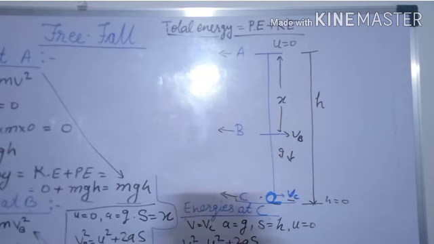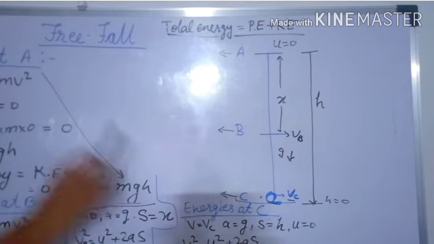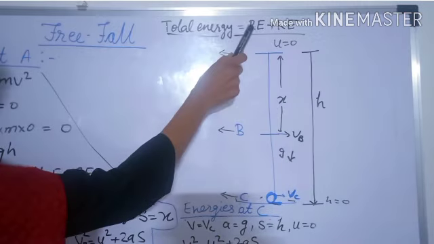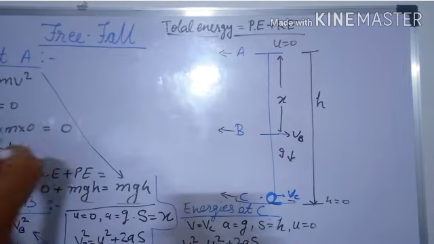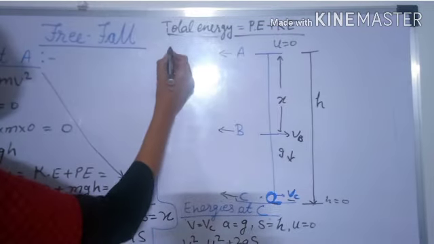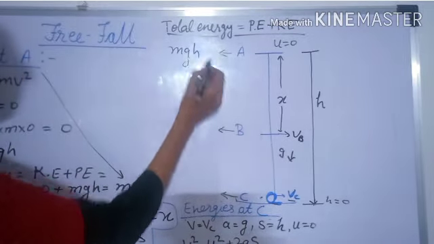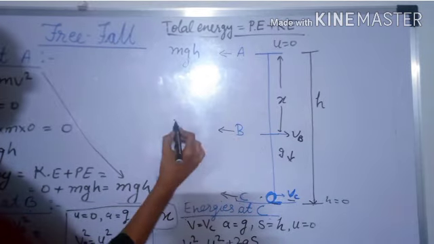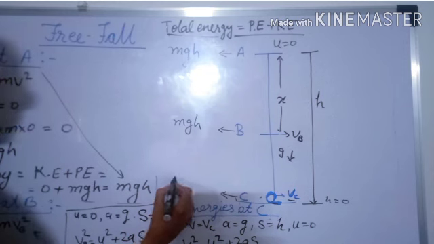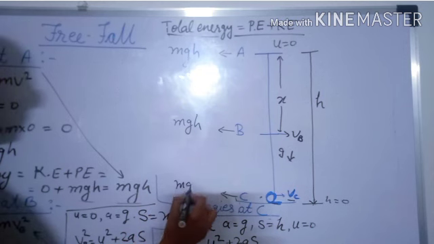So from these calculations we come to know the total energy, the sum of potential and kinetic energy at point A, as we have calculated, is equal to mgh. At point B it is also mgh, and at point C it is also mgh.